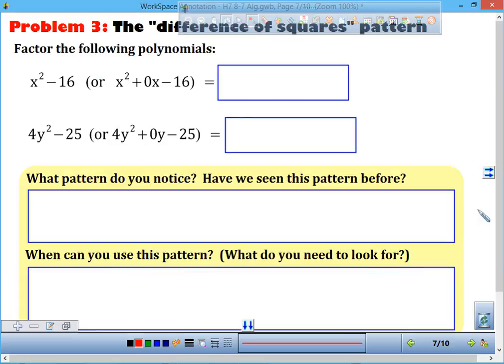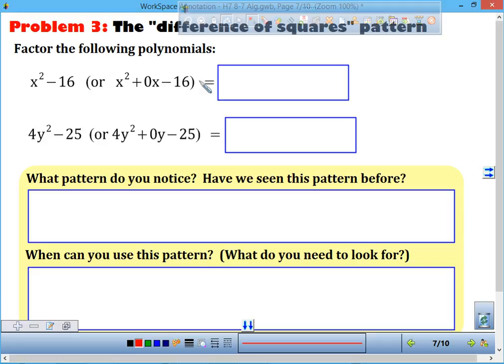Okay? Then next, shortcut. Difference of two squares. Okay, so here we have a perfect square, and it's a difference because they're subtracting. When you have the difference of two squares, this one is really pretty easy.